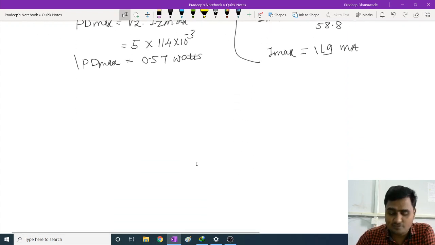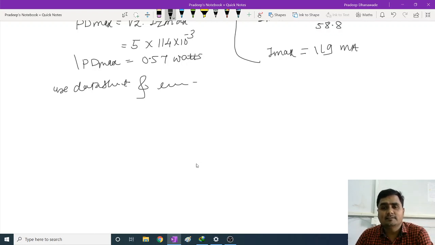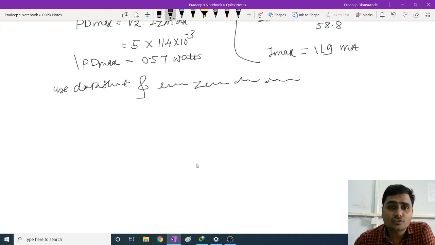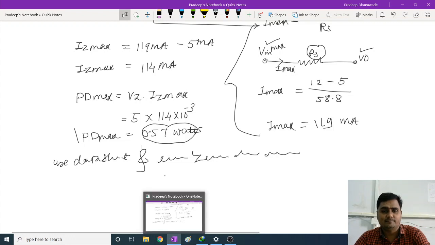So when you finish this, you can clearly write down: use the data sheet and select a particular Zener diode which should have power dissipation equal to 0.57 watt and Zener voltage of 5 volt.